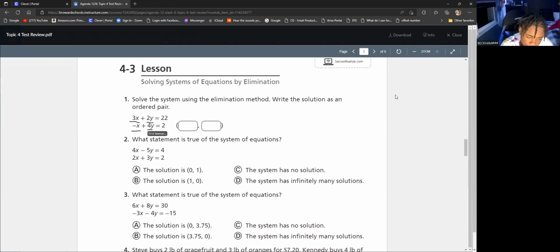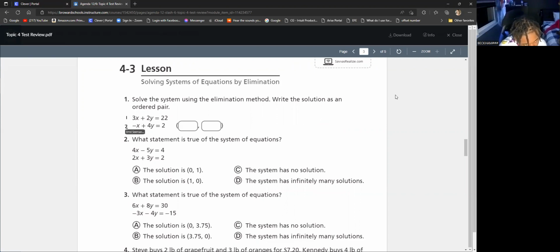So how are we going to match them up? We just need to match one of them up. Either match up the two x's or match up the two y's. So what do you want to do? The x's. Okay, so if we want to match up the x's, this is number 1, and number 2.